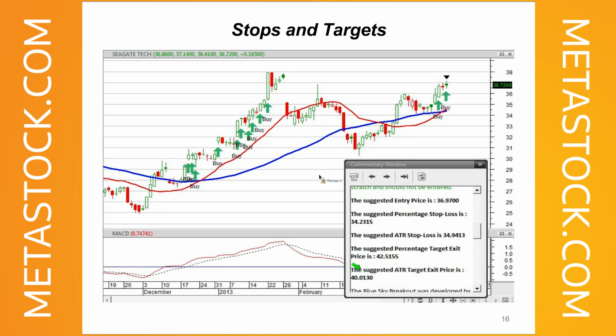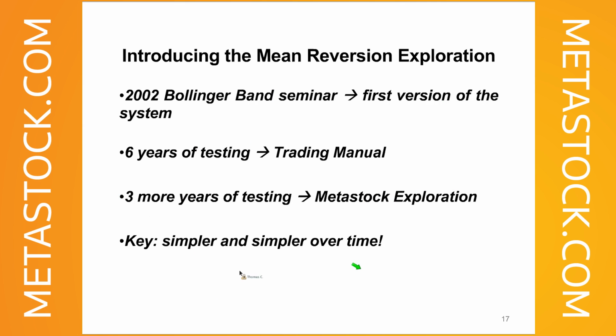So in other words, your expert advisory is going to give you all the details that you need to manage your positions. And that, as many of you know, is one of the hardest things to do in trading. It's not that hard to find good stocks to trade. It's what you do once you're in them that is where the real money is made and lost. So this takes a lot of the guesswork out of it for you.